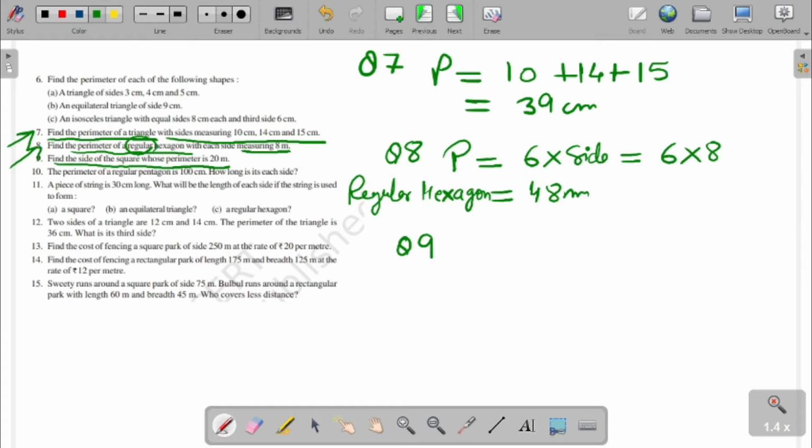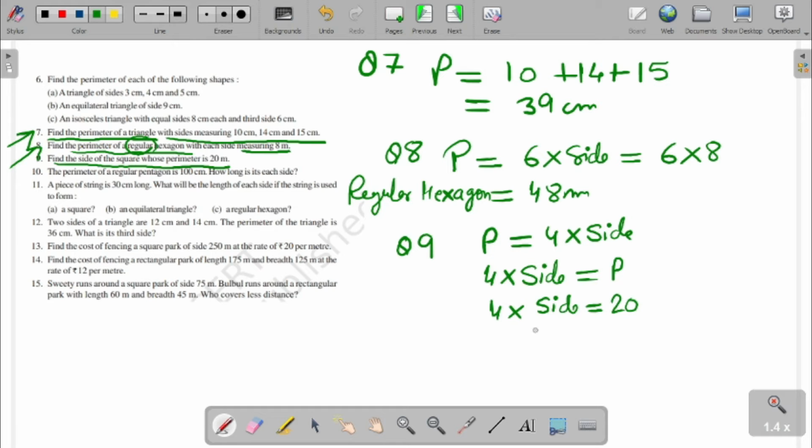So perimeter of a square is equal to 4 into side, or we can write 4 into side is equal to perimeter, and the perimeter is given to us as 20.